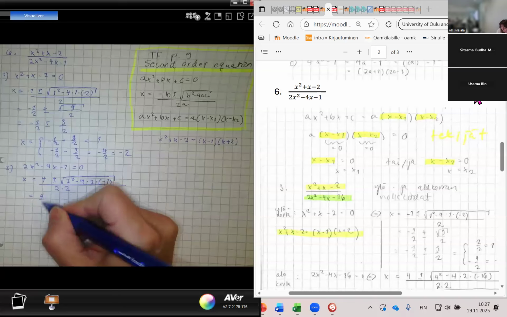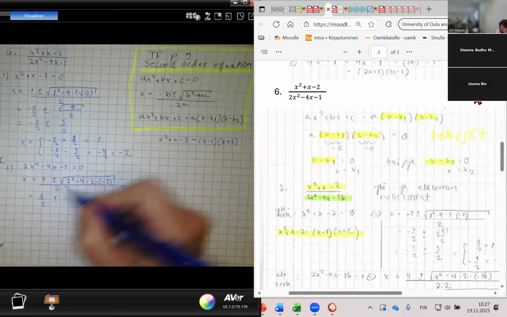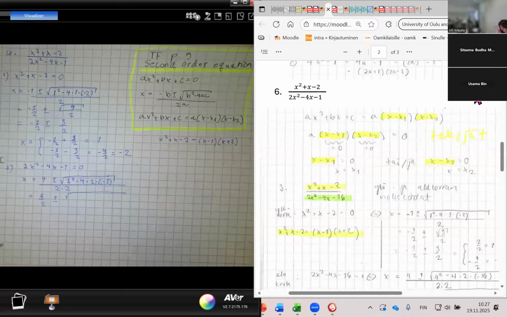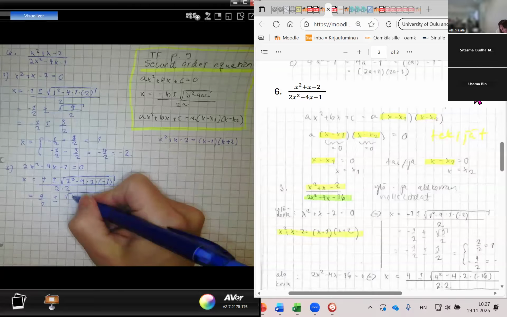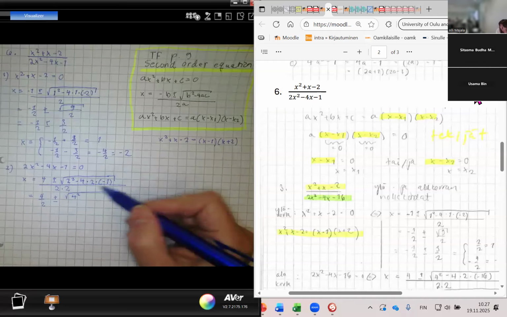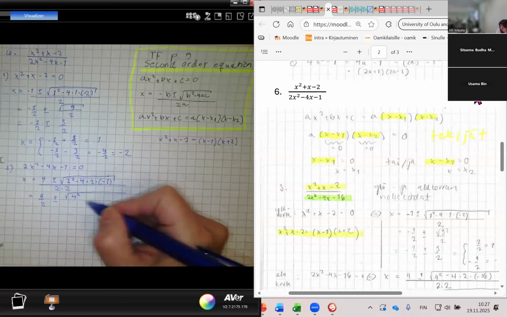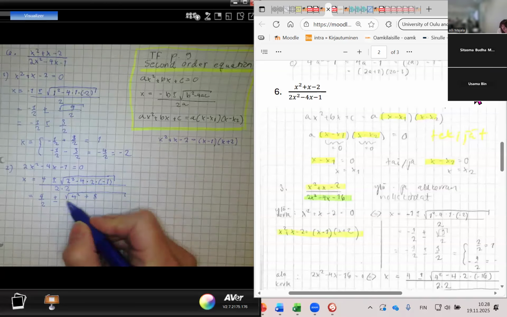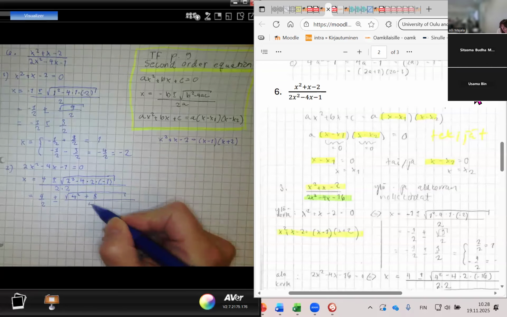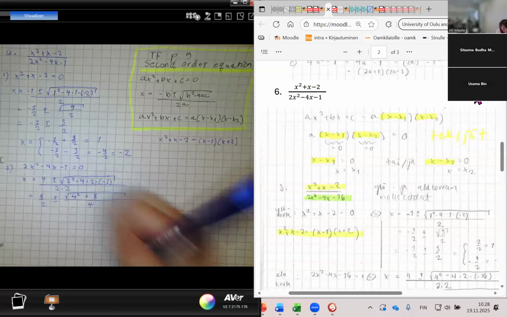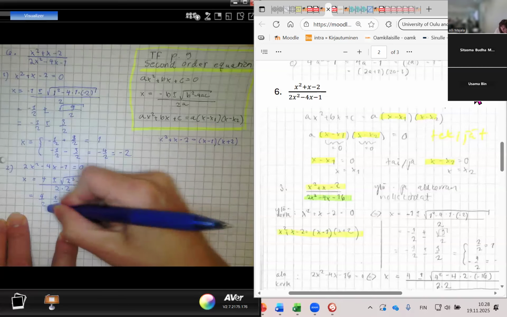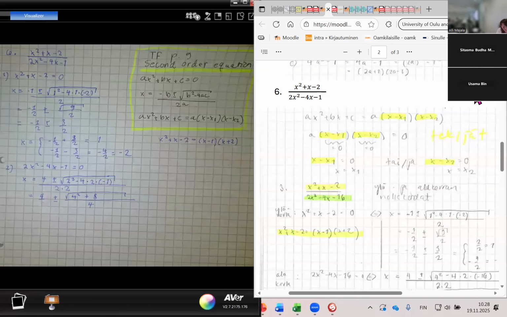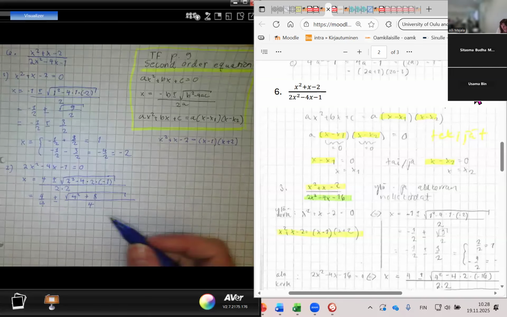Mm, 2 plus or minus 4, and then it's plus 8. Oops, it's a bit long. And divided by 4. Yes, by 4. This is also 4, obviously, not 2. Obviously, the calculator would be more accurate.